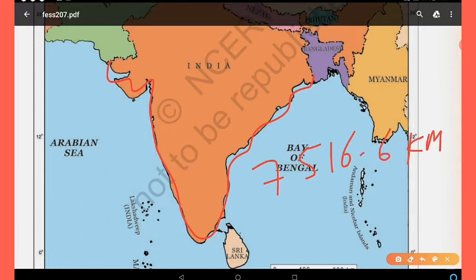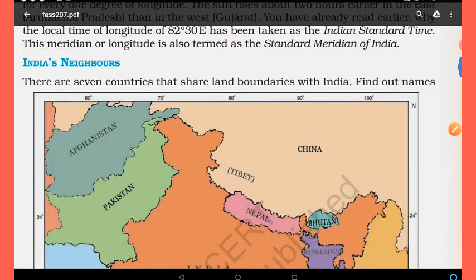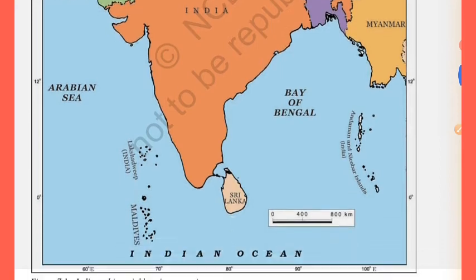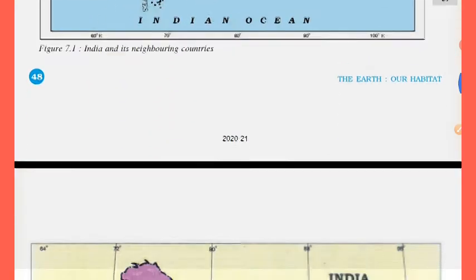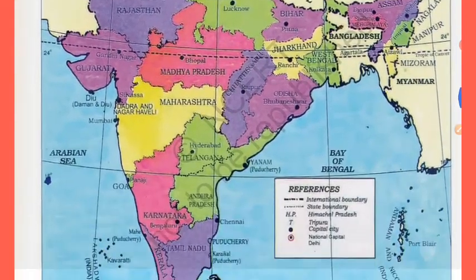This is the length of the land boundary of India, right? The length of the coastline of India is 7,516.6 kilometers. So in this way, we have understood the land boundary and the coastal boundary of India. And these are the neighboring countries as we have discussed.